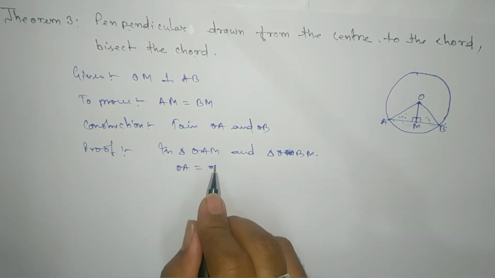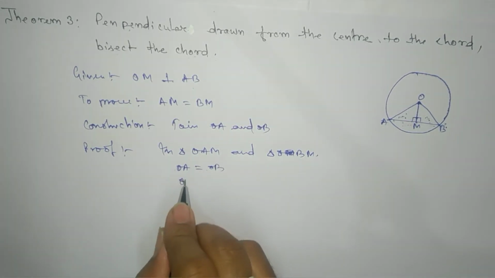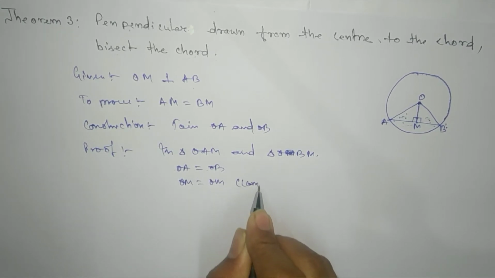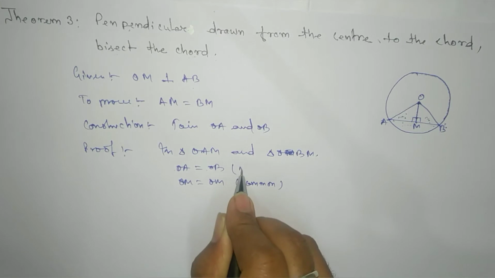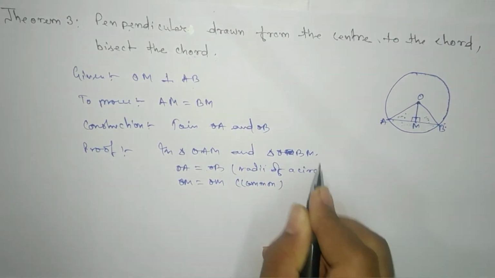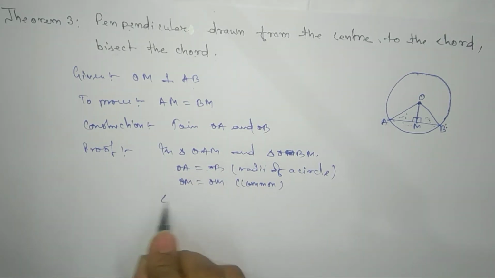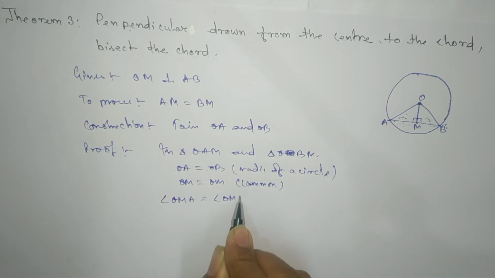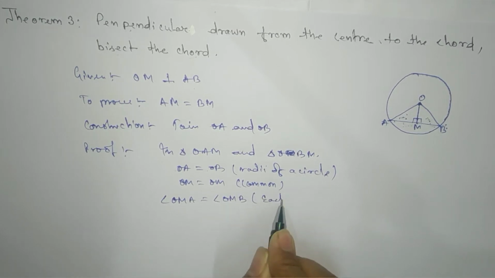So OA equals OB. Next is OM equals OM, that is common. You need to mention the reason in the bracket, otherwise you may lose the mark. And the third one, angle OMA equals angle OMB, each 90 degrees.